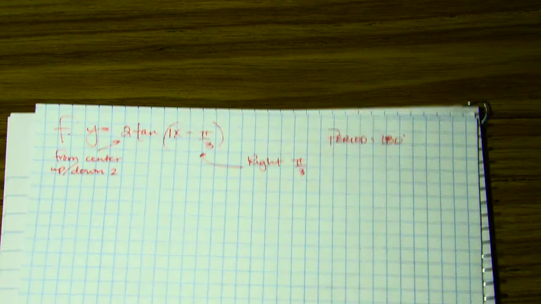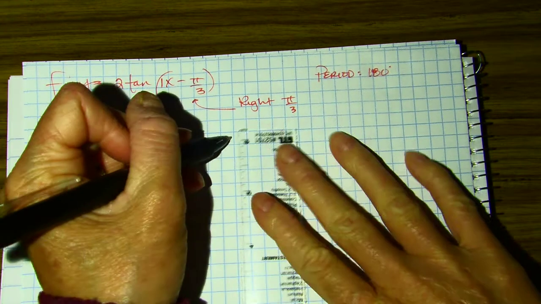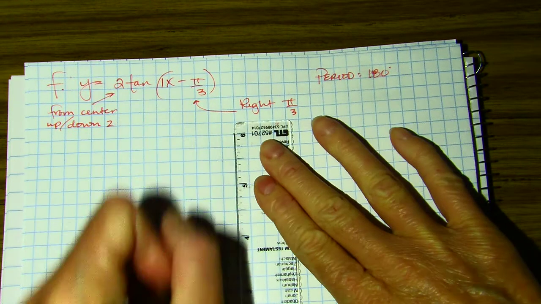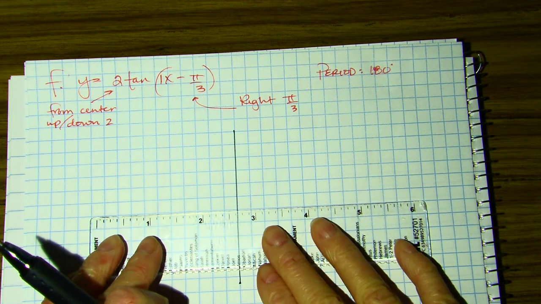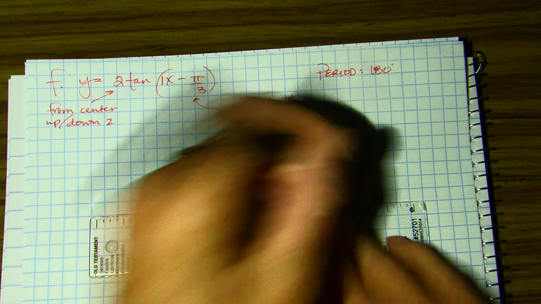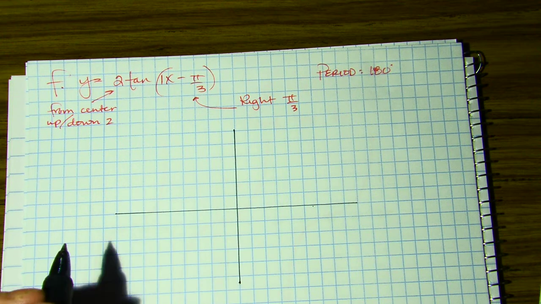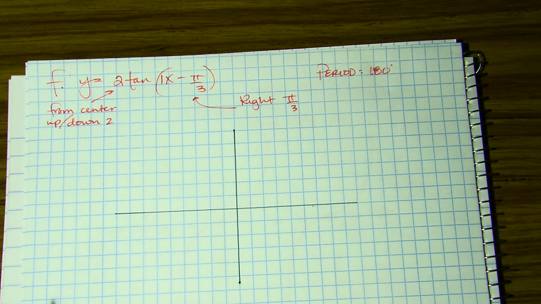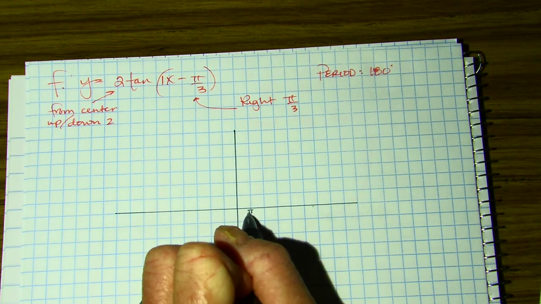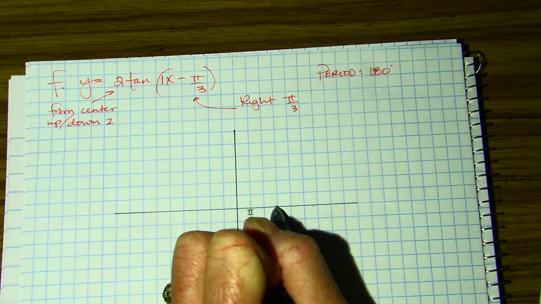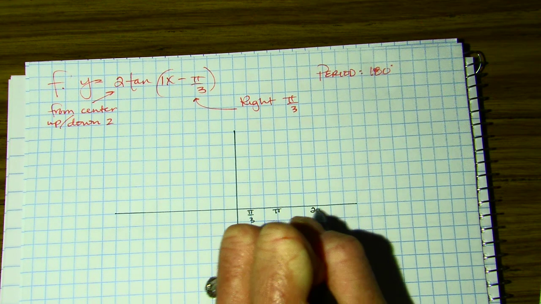degrees. Now this one's going to be a little complicated, so I am going to be using a pencil because I'm going to show you how I'm going to shift this to the right. Okay, so this would be pi over 3, so this would be 2/3, so this would be pi, this would be 2 pi.